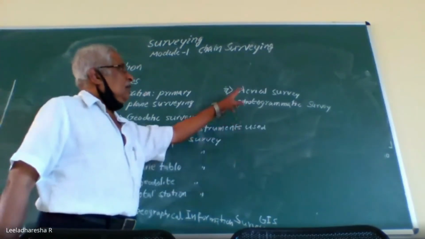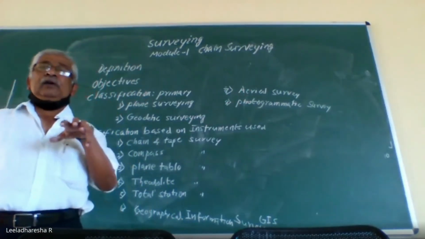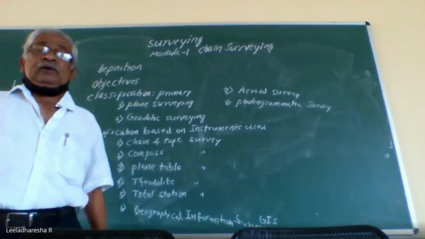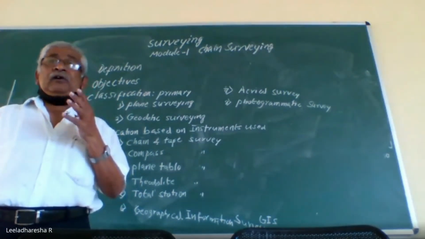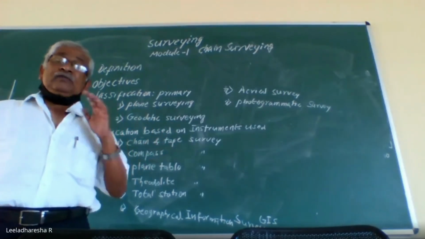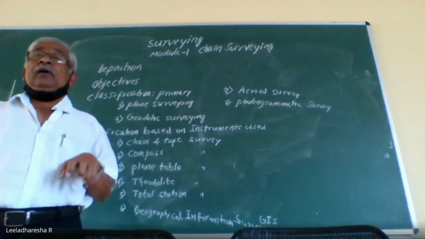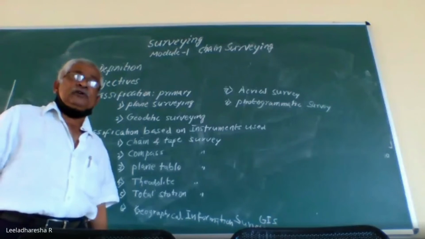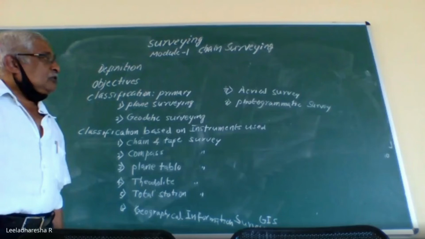Next one is called aerial survey. Aerial survey means we take photographs of the area. Say for example, if you are constructing a dam which is going to submerge a large area under water, in such cases we go for aerial survey. Photographs are taken, and the distance and elevation of certain required points are calculated by means of them.